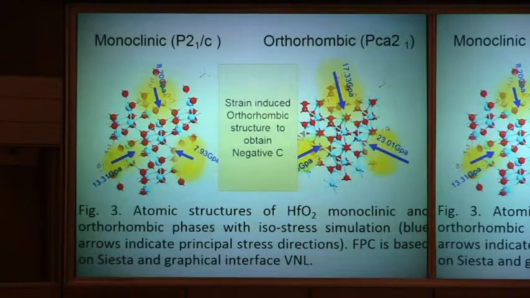Conventionally, we deposit this kind of material, hafnium oxide. However, hafnium oxide conventionally has a monoclinic crystal structure. What is important is how we make the orthorhombic structure, how to transform from the monoclinic crystal structure to the orthorhombic structure. The answer is by using strain.